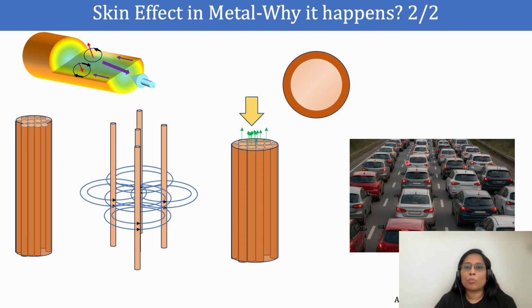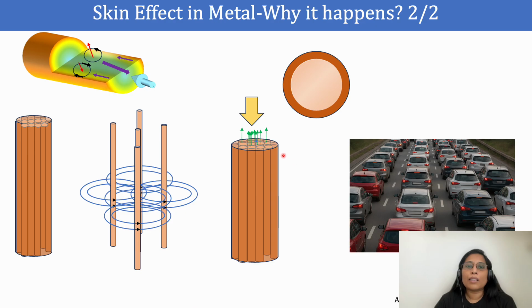So it is more restricted. And when you consider the cars on the edges, the resistance offered by this car will be very less, because this car has only influence from one side, as this side is free.